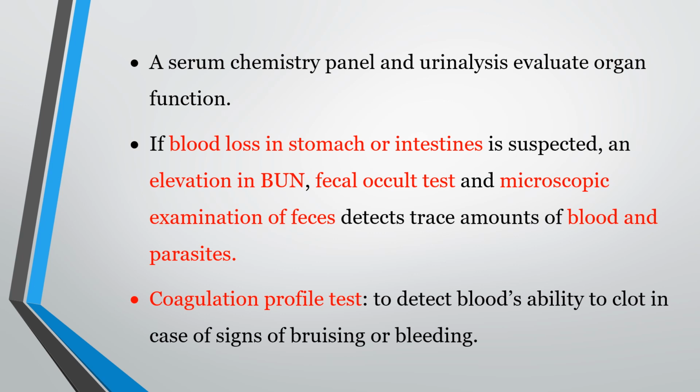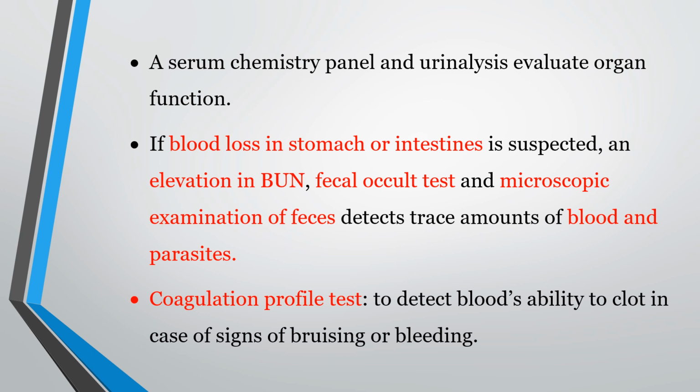A serum chemistry of blood and, at the same time, urine analysis to evaluate organ dysfunctions is also equally required, because anemia always occurs with some underlying diseases which require diagnosis.